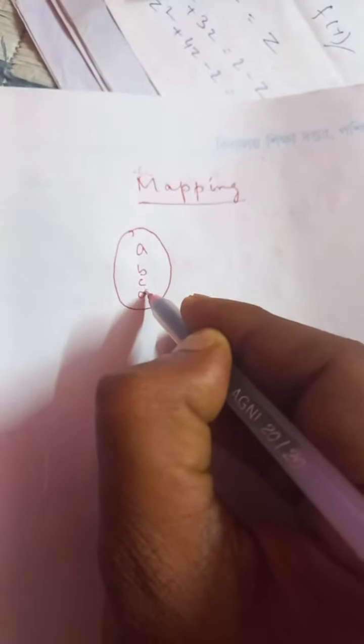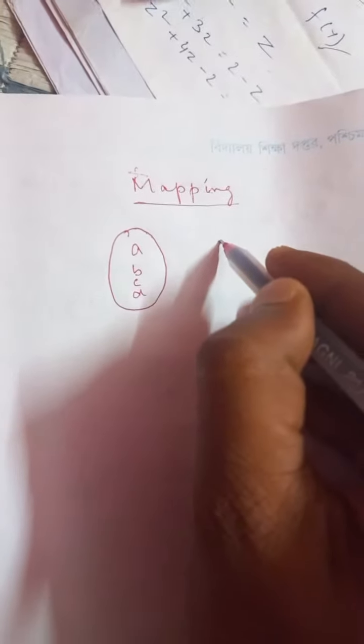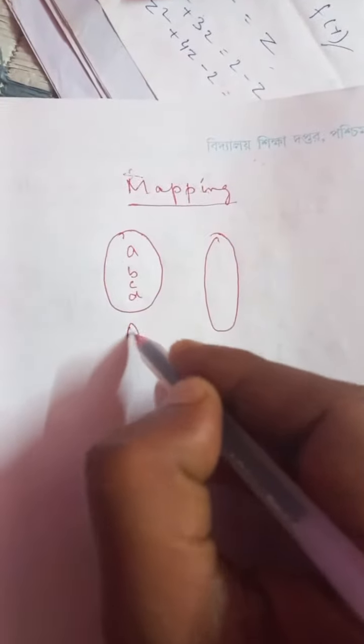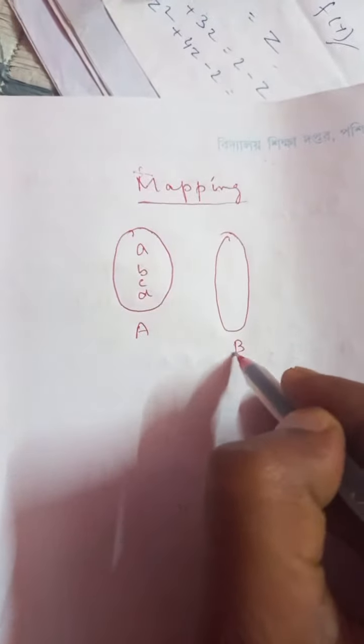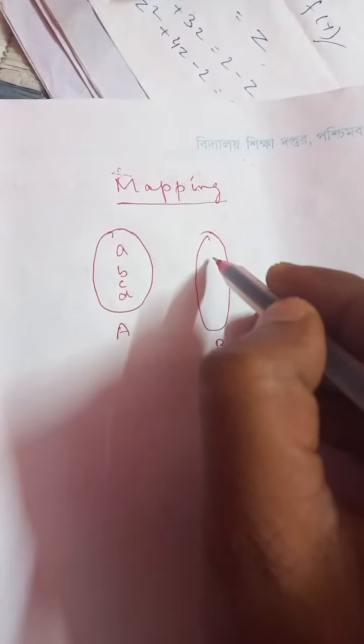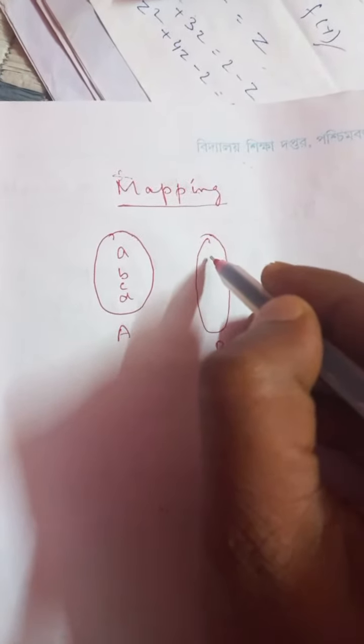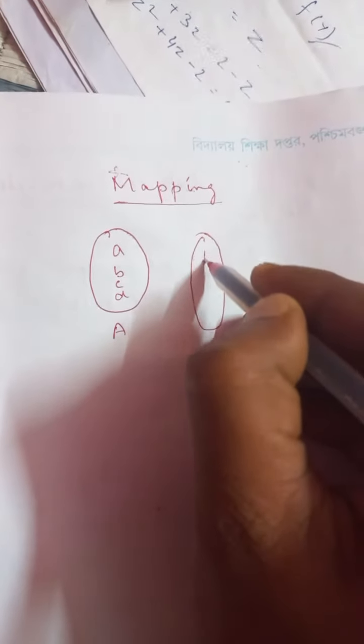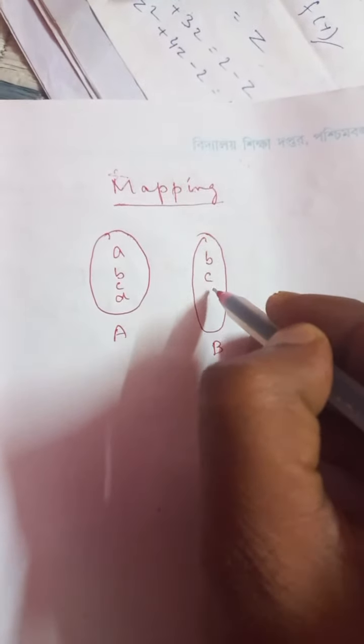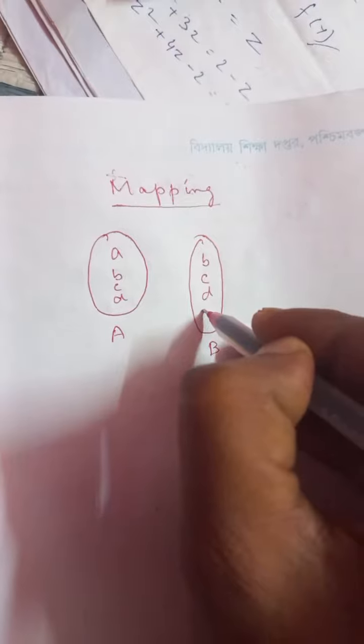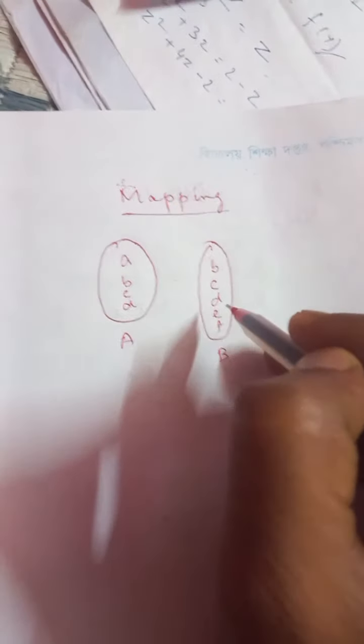Like we are taking a set A in this way, and I am taking four elements A, B, C, D, and another set B. Here I am taking five elements B, C, D, E, F.